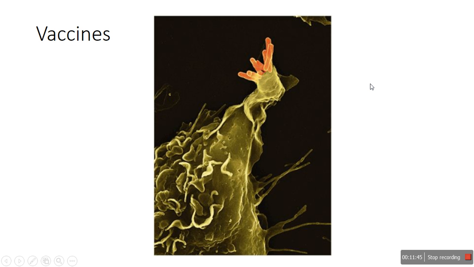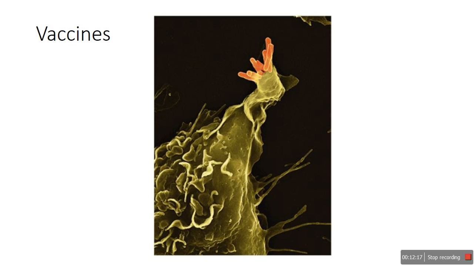The last thing we're going to speak about today is vaccines. A vaccine is usually introduced into the body by injection, and it usually consists of an attenuated, which simply means weakened, version of the pathogen. It may also be a polysaccharide from the surface membrane which acts as an antigen.